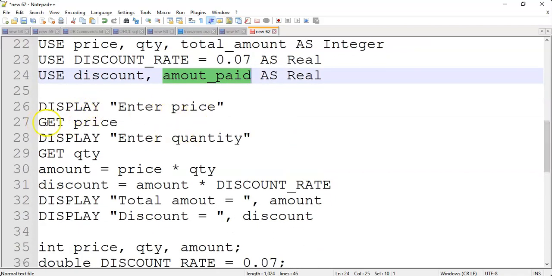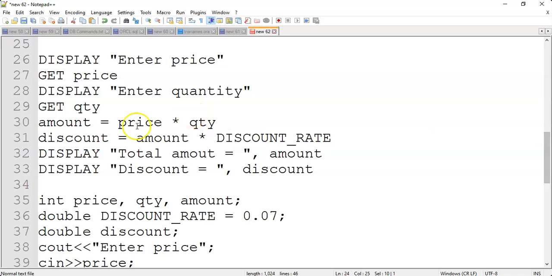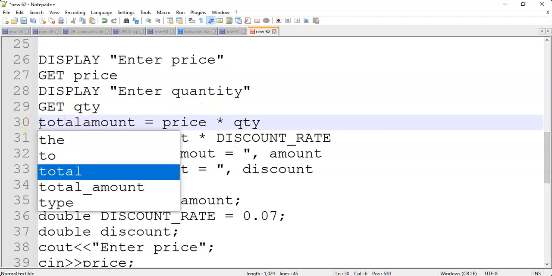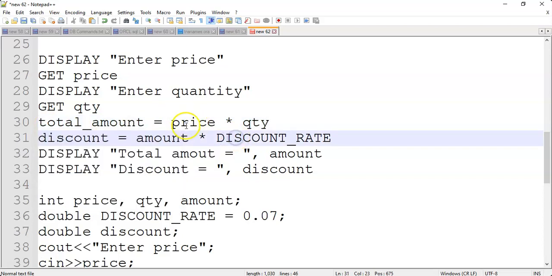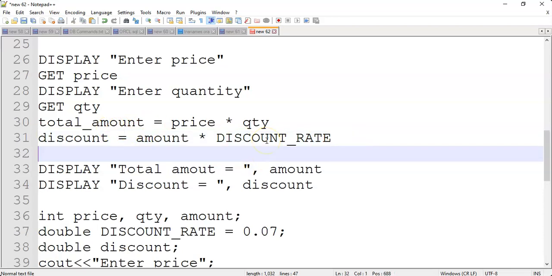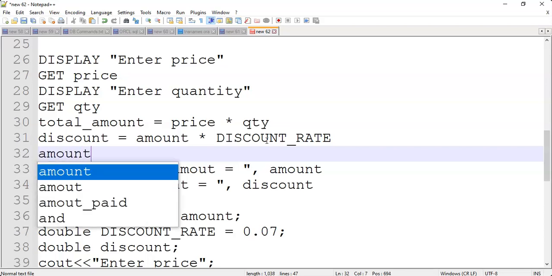As before, enter price, we get price, and enter quantity, we get that one, and we are going to do some calculations. The first one, we are getting total amount. So this is total amount. That's the first one. And the second one, we are getting discount. And after discount, we need now to get the final, which is the amount paid.